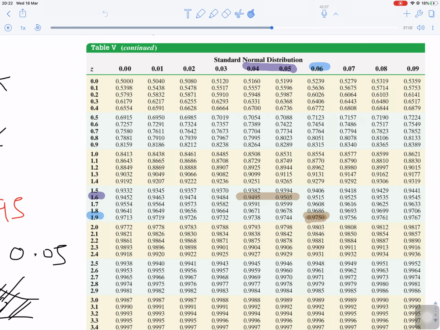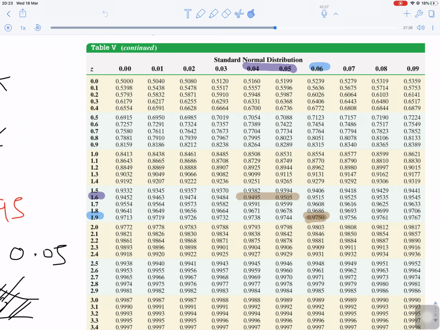So we don't see 0.95 exactly in the table, but then we see two values that have the same distance away from 0.95. And those two values are 0.9495 and 0.9505. So what do we do? Do we pick one and leave the other? No. So we rather take the average.